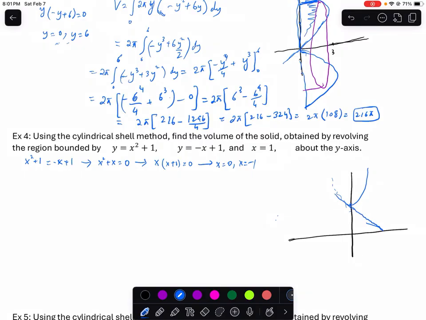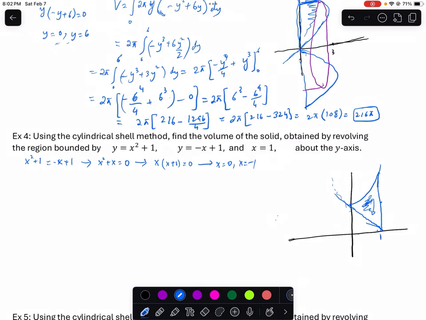Then we have x is equal to 1. So here this parabola should be a little, because at 1 it's 1, now it will be 1 again here. And so the line x is equal to 1, this is the region that we are talking about. So the limits on x are from 0 to 1.